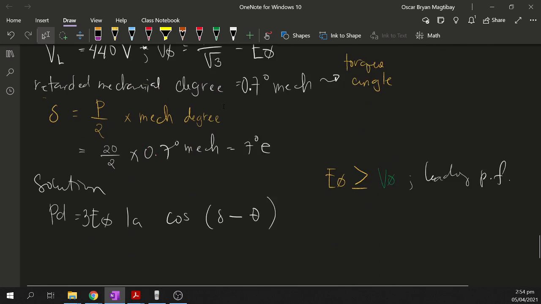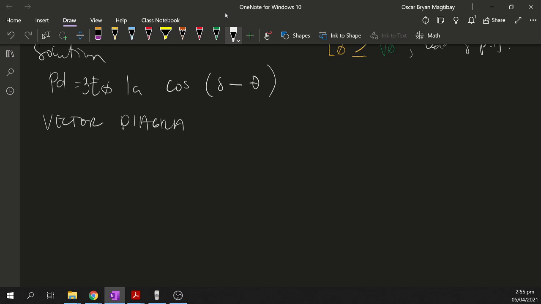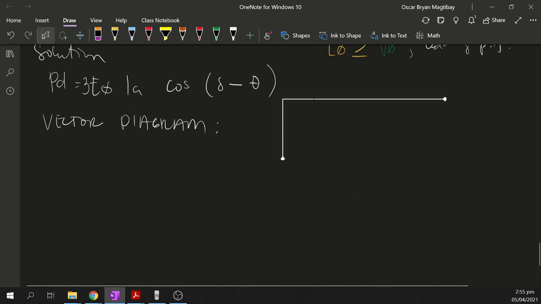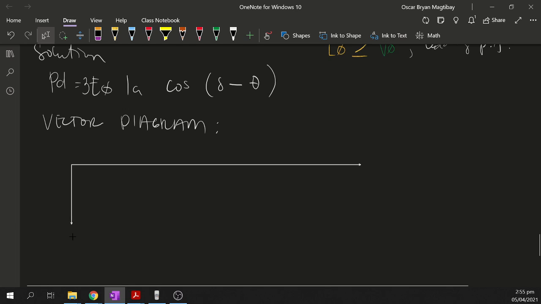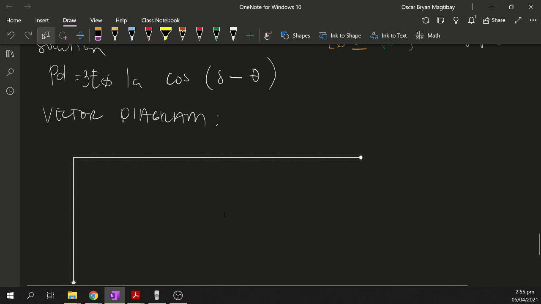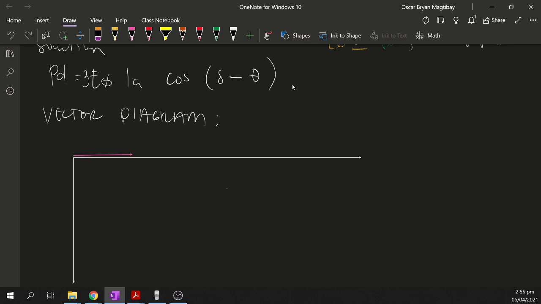So, paano natin makukuha yung mga pangangailangan natin? Dyan napapasok uli yung ating vector diagram. So, sa vector diagram natin, since leading, we will be taking IA as reference ulit. So, ito yung IA natin.